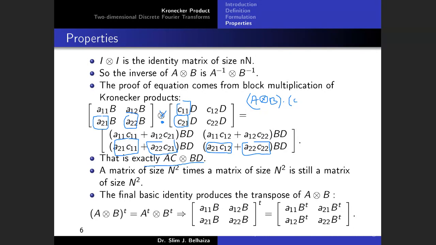A matrix of size n squared times a matrix of size n squared is still a matrix of size n squared, if you apply this rule.